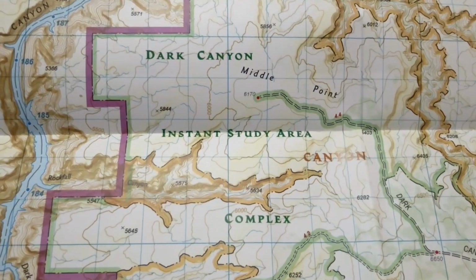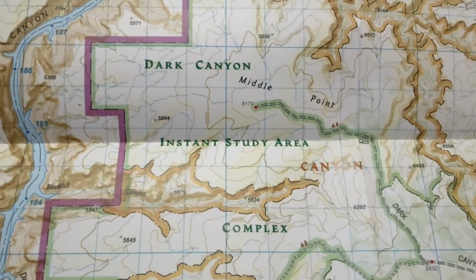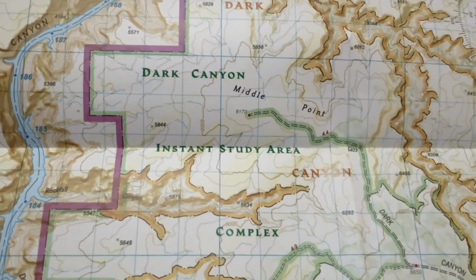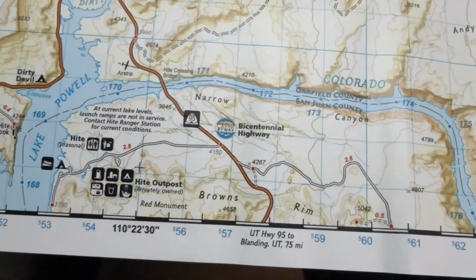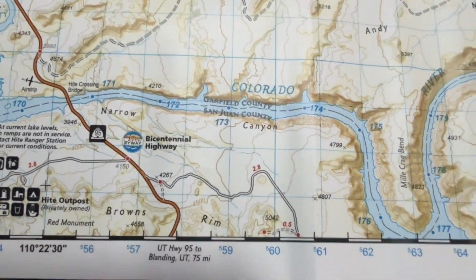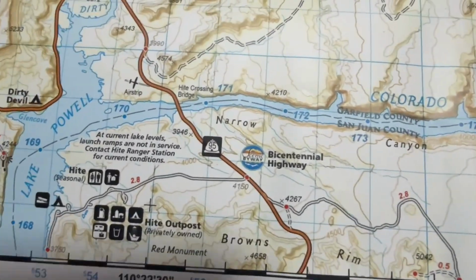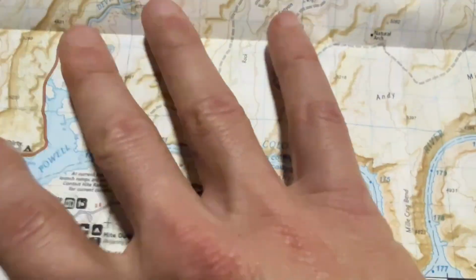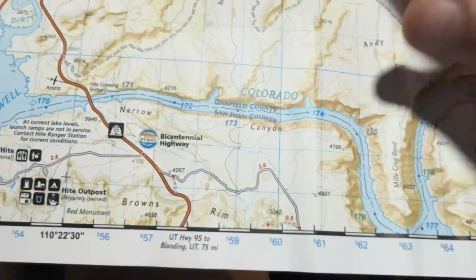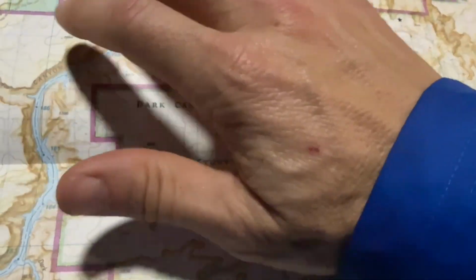When you get into Dark Canyon Instant Study Area Complex, it's so intriguing you start studying instantly. I used to live over here in the Glen Canyon National Recreation Area and Lake Powell area of Page, where Amangiri is over here, and right where the Grand Escalante staircase begins, okay?